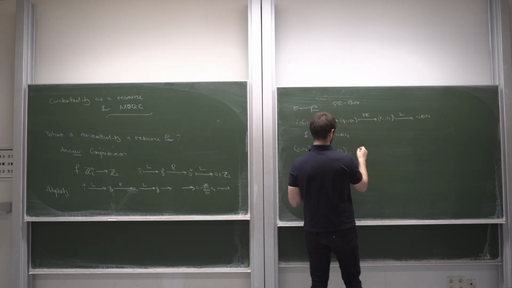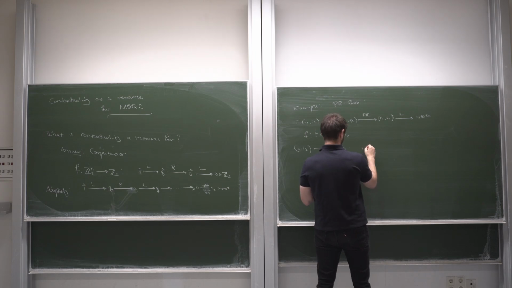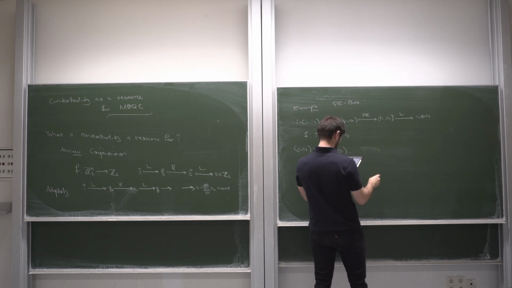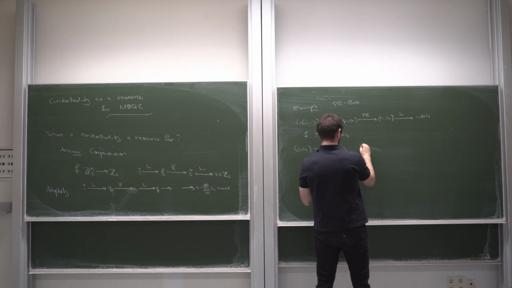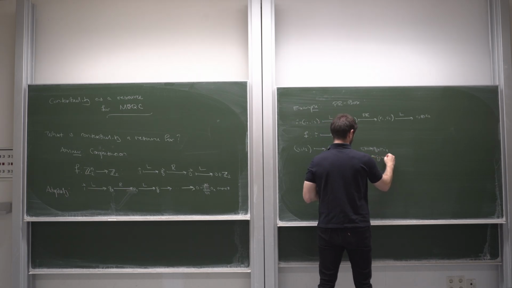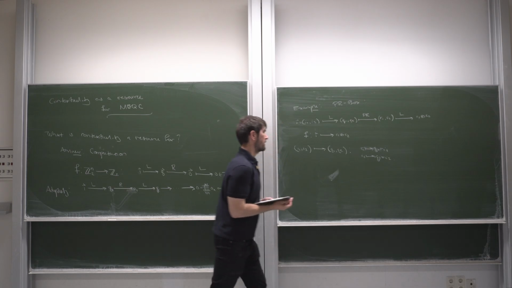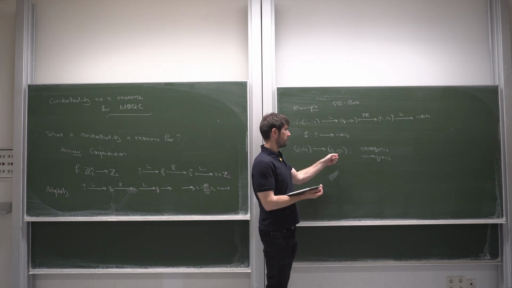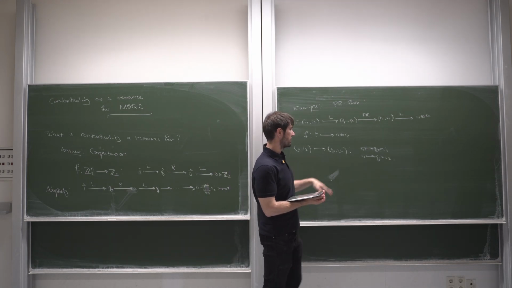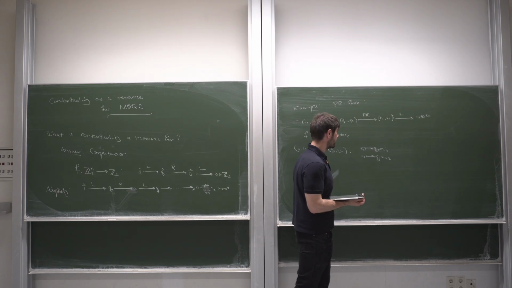We could consider, for example, I1 going to Q1 equals I1, I2 going to Q2 equals I2. This would just be a very simple, completely linear map.